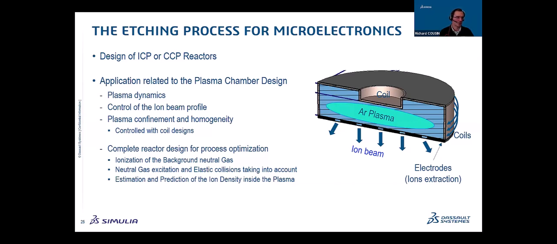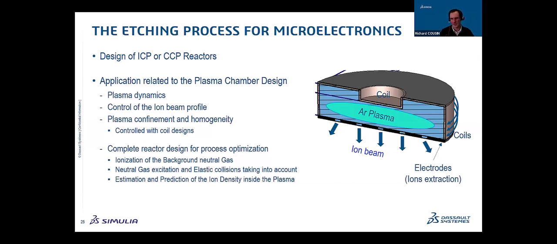And this can be controlled with the coil design and all the systems which are then surrounding the plasma reactor itself. So you have here a complete reactor design for process optimization. The ionization of the background neutral gas can be performed. You can really initiate the discharge and then see how the plasma behaves in the structure. The neutral gas excitations as well as the elastic collisions are taken into account.